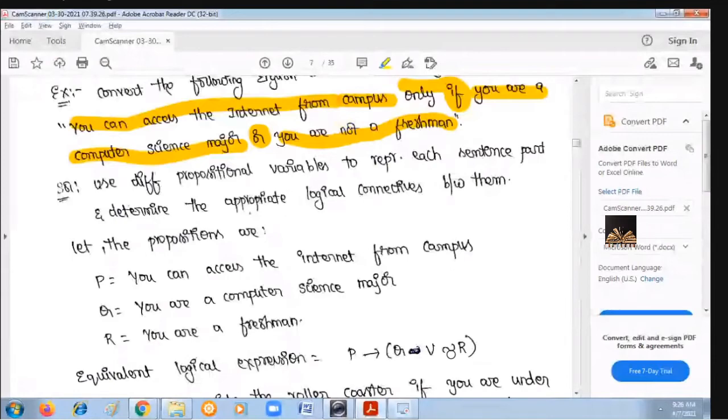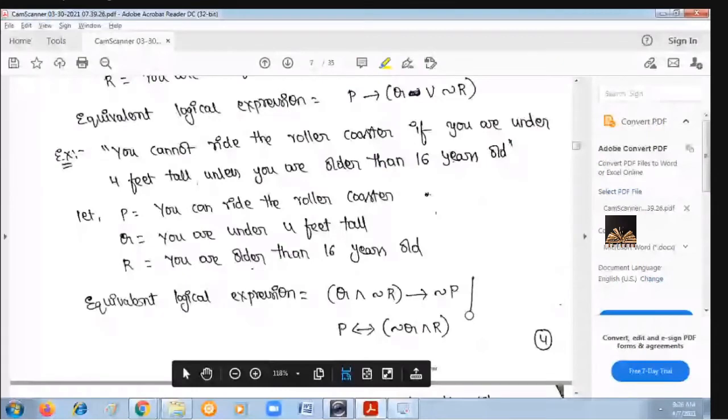It doesn't mean that whatever I have explained is the only answer or the only expression you should get. So for one statement, you can have more than one expression. See here, in this example, I have two equivalent logical expressions for a given statement.